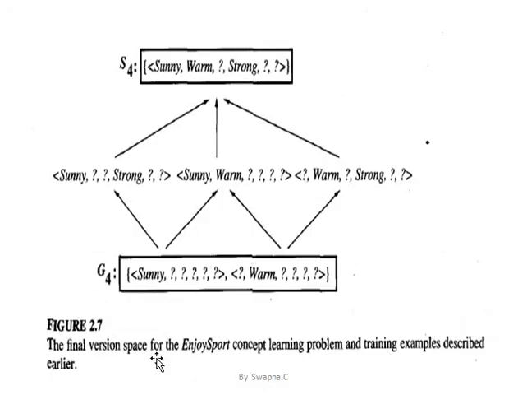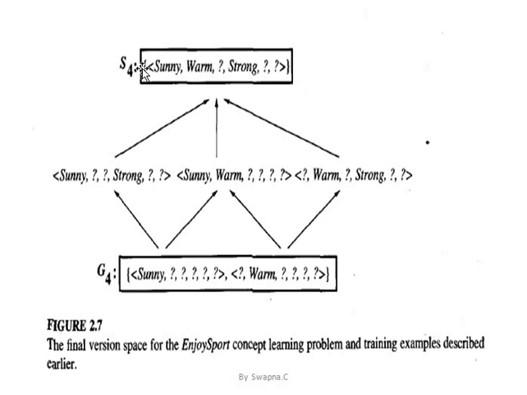This is the final version space of the EnjoySport concept learning problem with the training examples described earlier, and these are all consistent. How are we getting them? By using these two hypotheses, the G4 hypothesis as well as the S4 hypothesis.